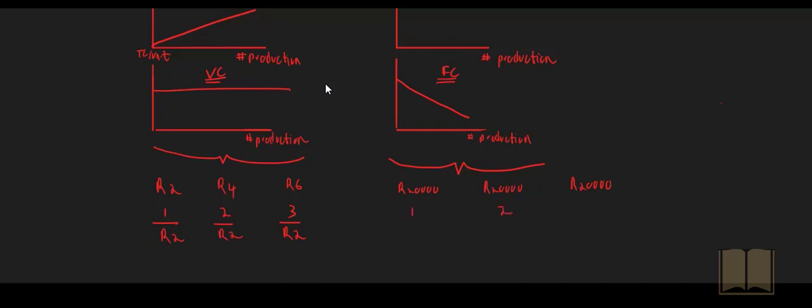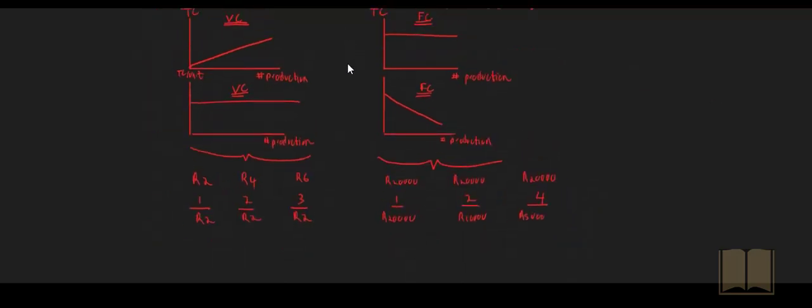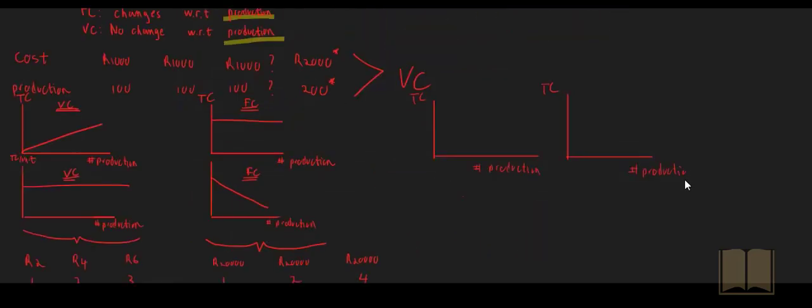When you produce 1 unit, the rent cost per unit is 20,000 Rand. But when you produce 2 units, that same 20,000 Rand is divided by 2 units now, so the cost per unit is 10,000, and 5,000 for 4 units, thereby showing that the cost per unit for fixed cost decreases.